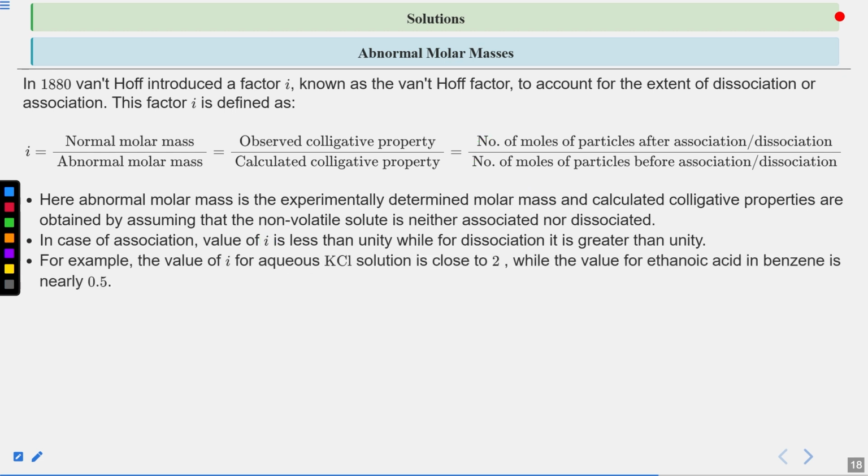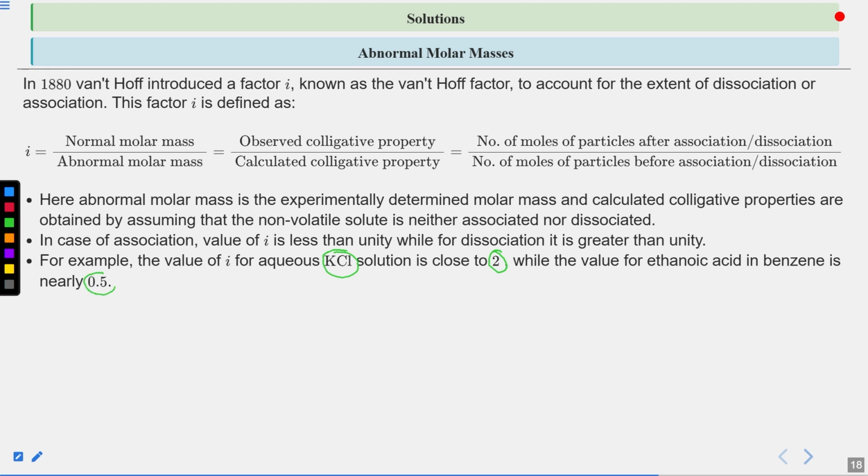For example, if we take the case of KCl, the KCl was dissociating into two parts. Therefore, i will have a value which is very close to 2. Due to some interionic interaction, this value may deviate by a small decimal amount, but it's okay to consider it as 2. Whereas the value of i for ethanoic acid will be nearly 0.5.